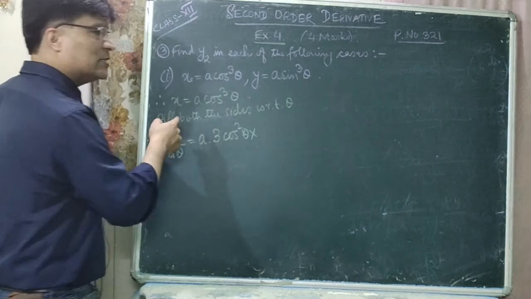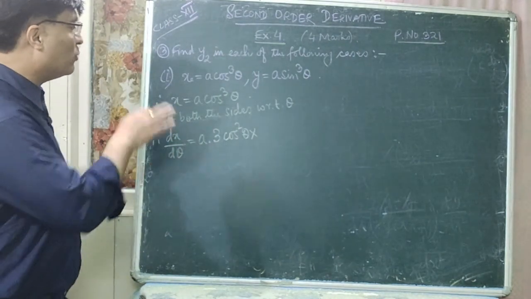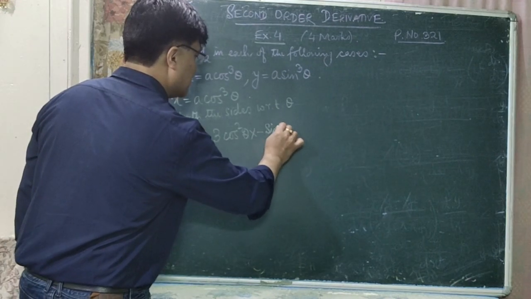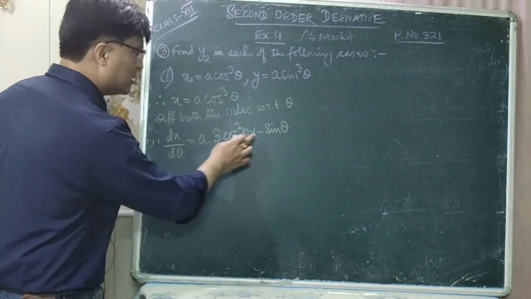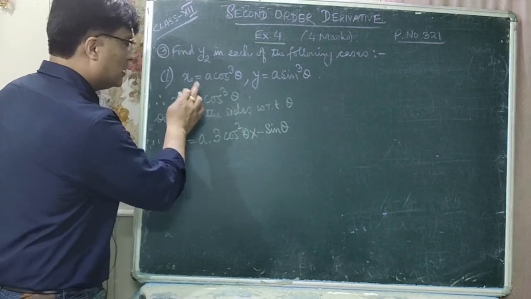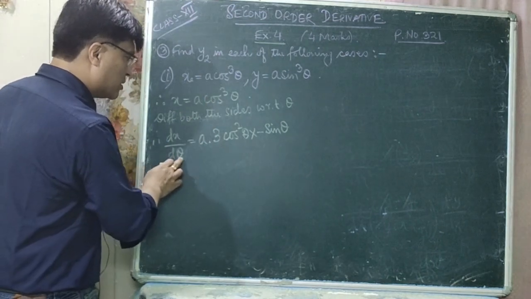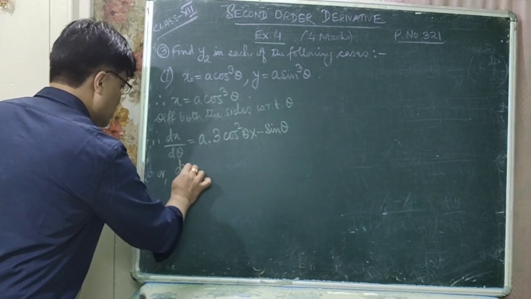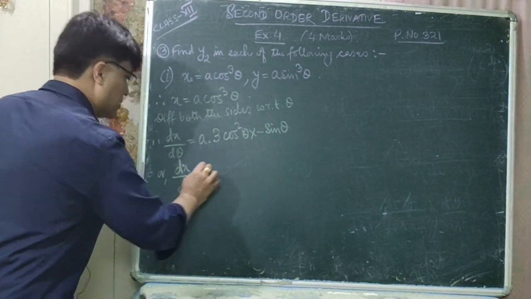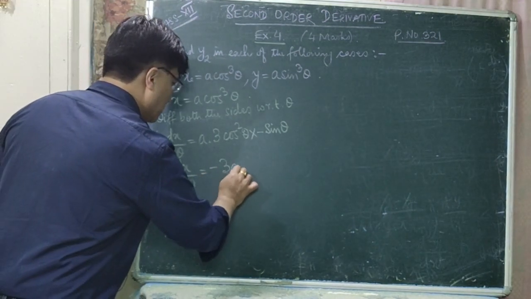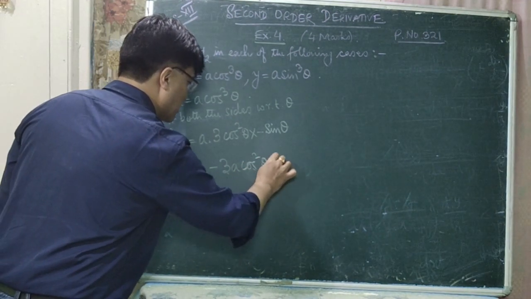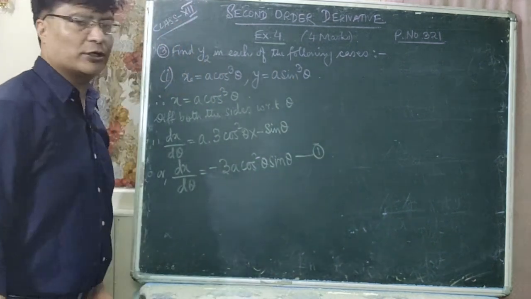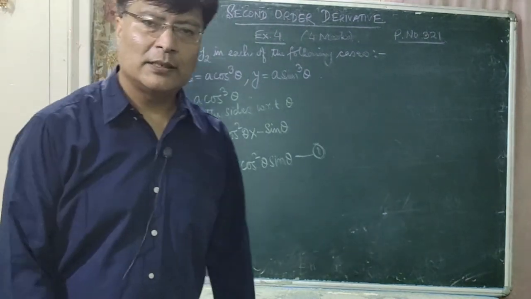So cos theta is assumed as theta. So again what is the differentiation of cos theta? It is minus sin theta, that is differentiation of cos theta with respect to theta is minus sin theta. So this is your dx by d theta is equal to minus 3a cos square theta sin theta. Suppose this is equation number 1, right?